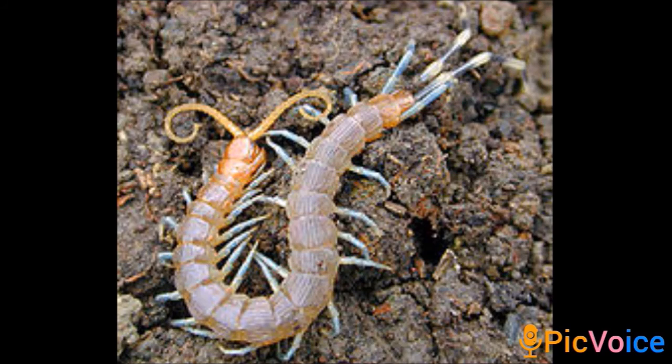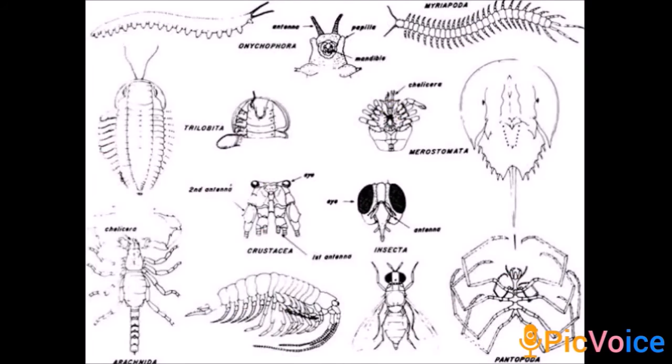They have organ system level of organization. When they are divided, they will divide into two equal halves, that is, they are bilaterally symmetrical, and triploblastic, three layers are present, and a true coelom is present.